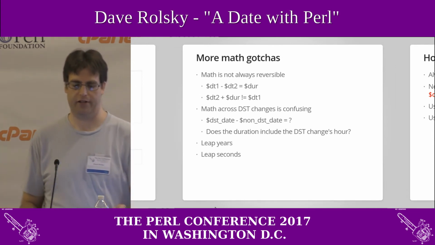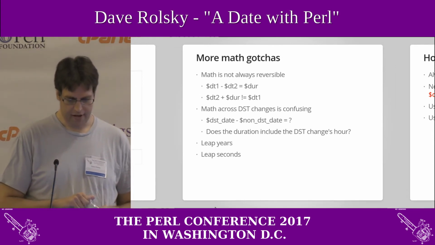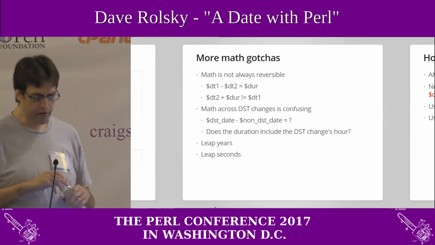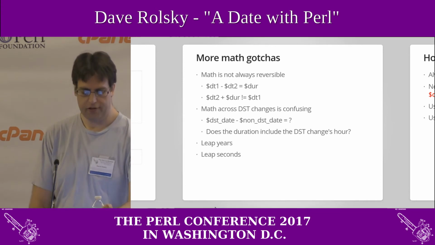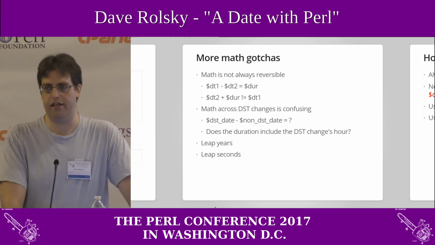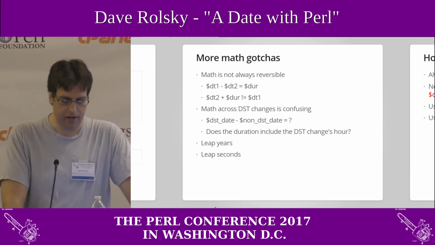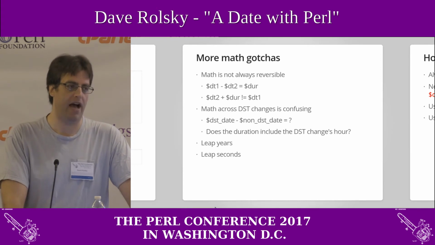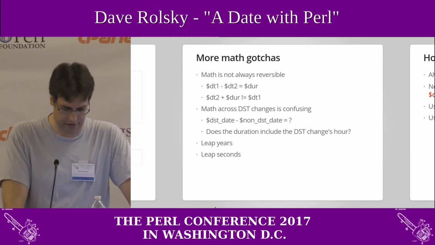There's even more math gotchas, and there's a bunch of these in the docs. Math is not always reversible when you're dealing with DST. So if you subtract one date time from another and you get the duration, and then you add the duration back to that date time, you might not get the original date time. If you do math across DST changes, it's very confusing.